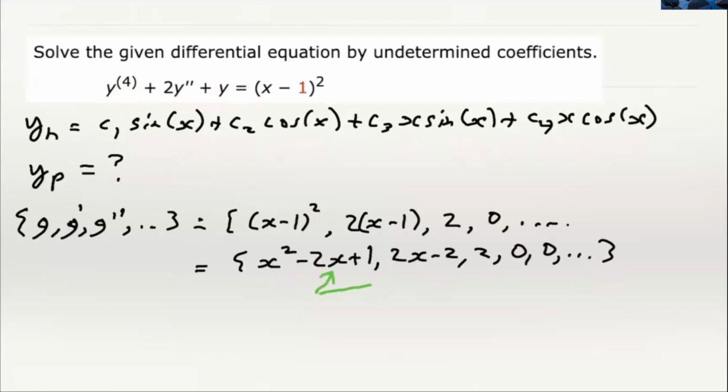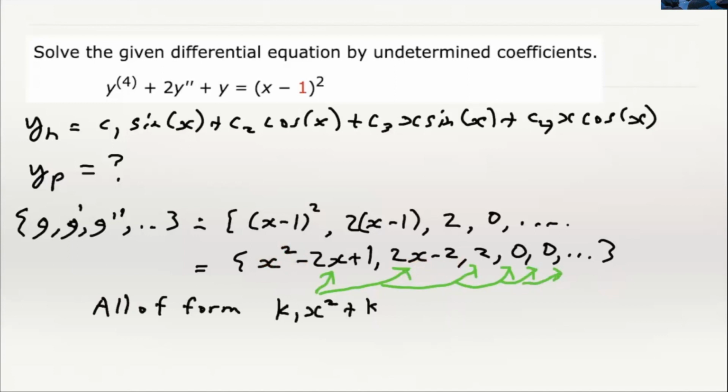And are all of these linear combinations of some finite set of functions? Well, they're all a sum of a constant, a scalar multiple of x, and a scalar multiple of x squared. So they're all of the form k1 x squared plus k2 x plus k3.